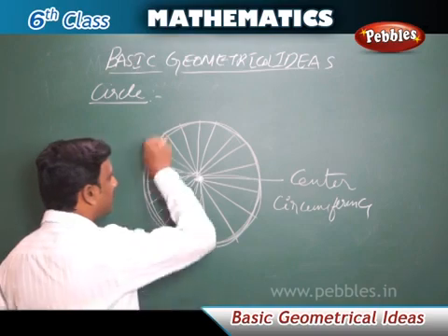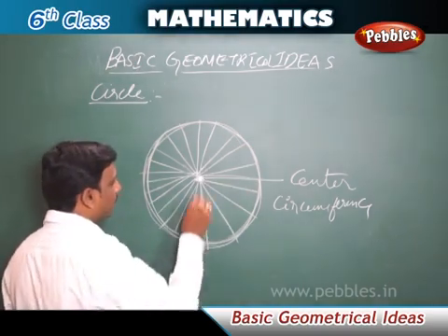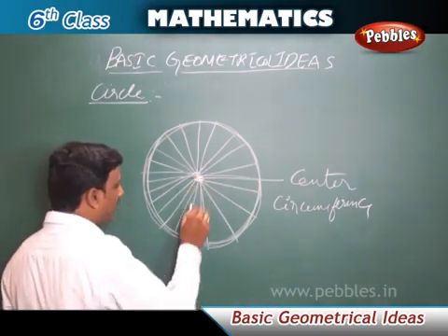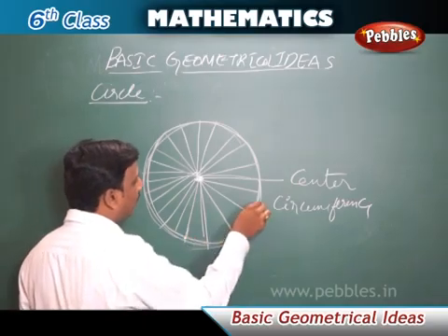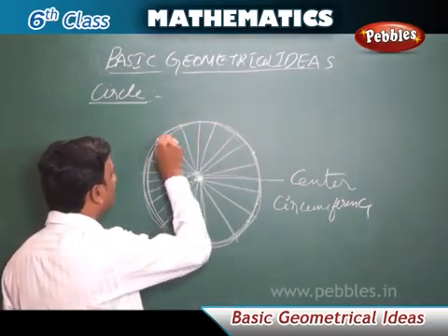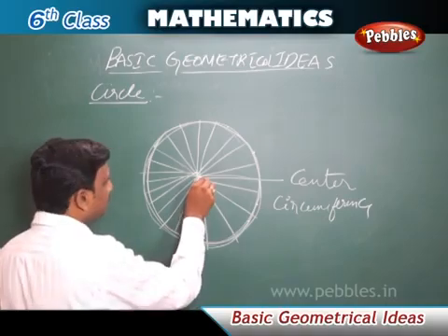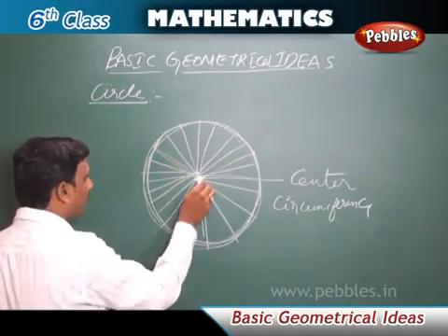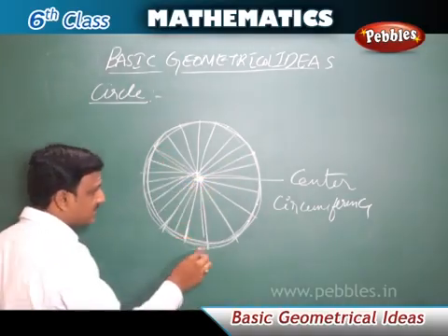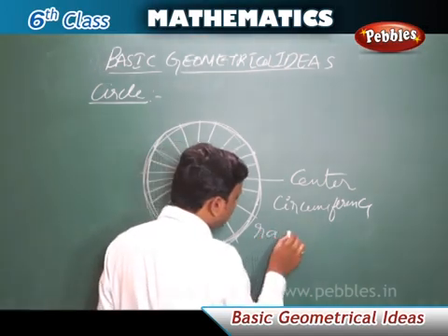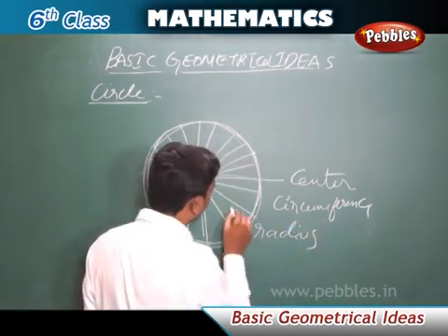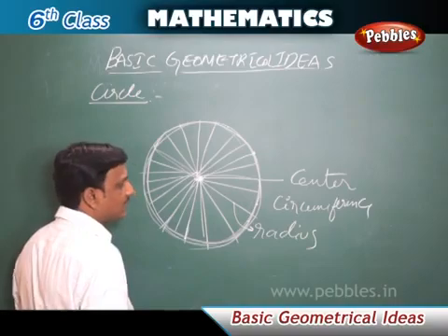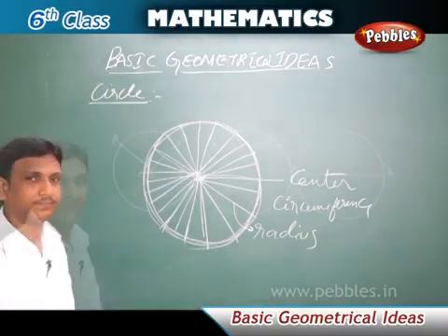From the center to any point on the curved outer edge, this distance is called radius. This is the radius of the circle.